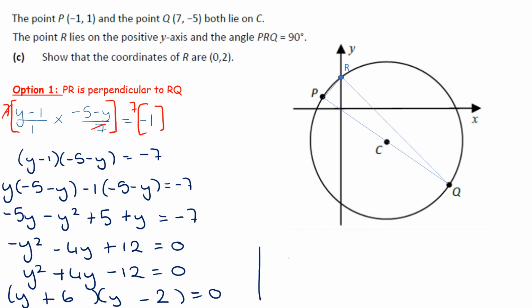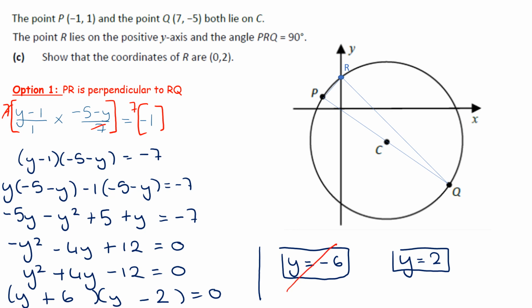And then our two answers are y equals negative 6 and y equals 2. The valid answer is y equals 2 because y is positive. And they told us at the start that it was on the positive y-axis. So therefore, R is (0, 2), which is what they asked, QED.